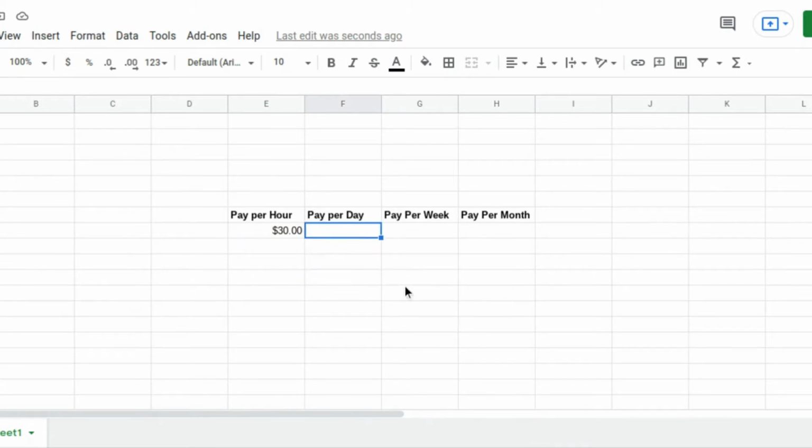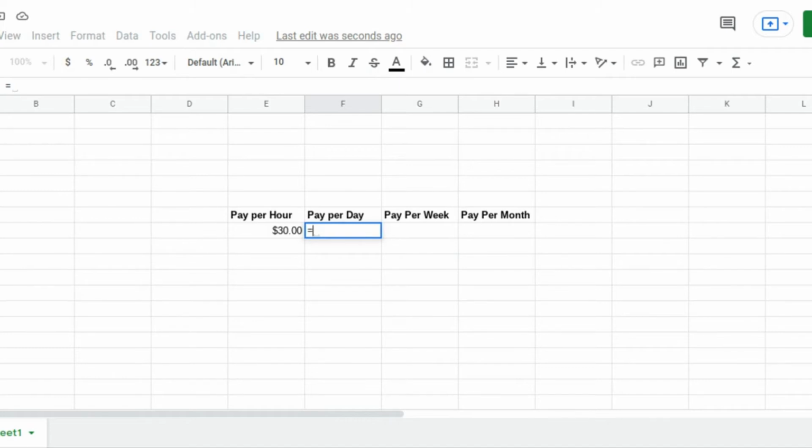Now, we know that we make $30 an hour. How about a day? Well, that would be times 8 hours, wouldn't it? $30 an hour times 8 hours would be 1 day's worth. So if we click on the equal sign inside the cell, that starts our formula.